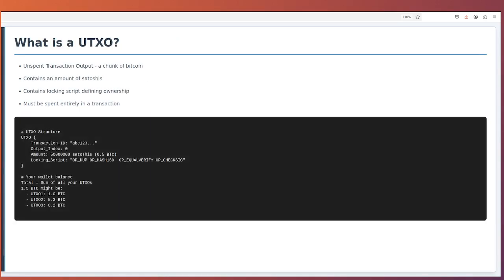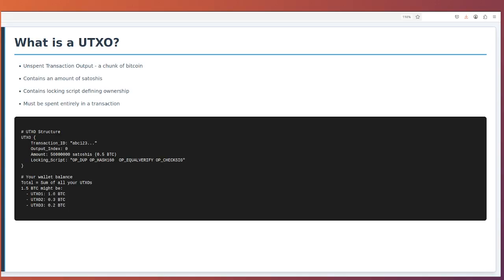What is a UTXO? So, what exactly is a UTXO? UTXO stands for Unspent Transaction Output. Let's break that down word by word. Unspent means it hasn't been used in another transaction yet, it's still available to be spent. Transaction output means it's the result of a previous transaction where someone sent Bitcoin.